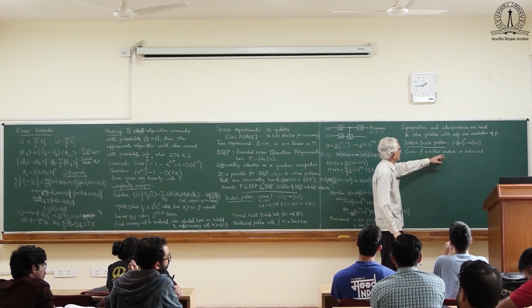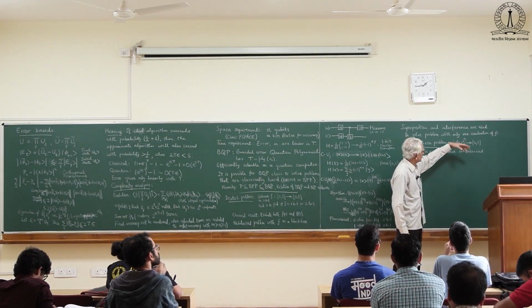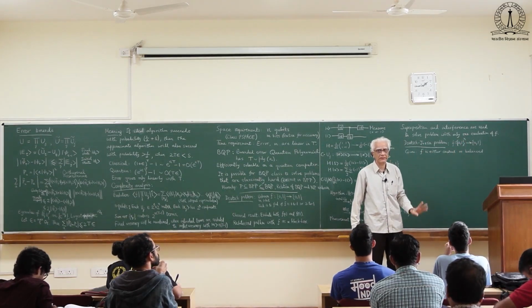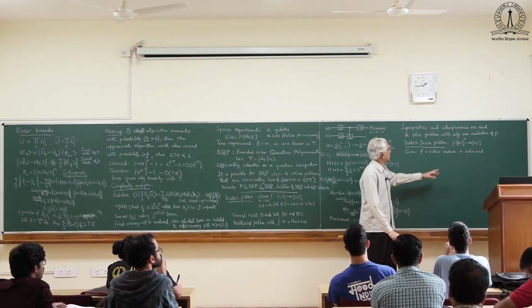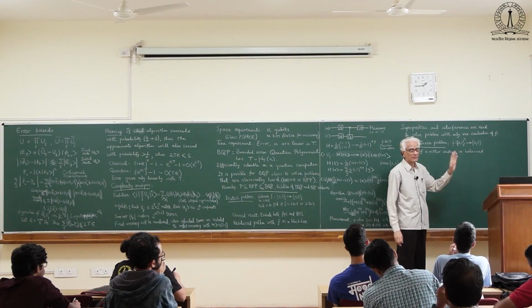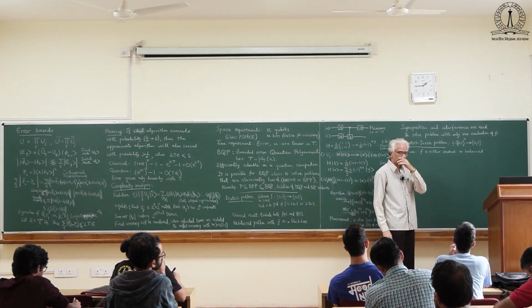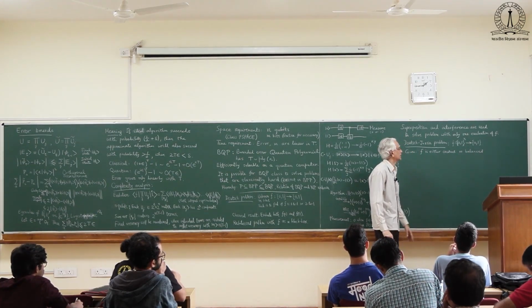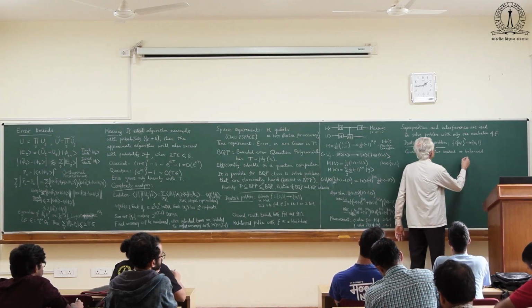Constant means all the 2 raised to n values are mapped into just one value, and balanced means half of them are mapped to 0, the other half are mapped to 1.